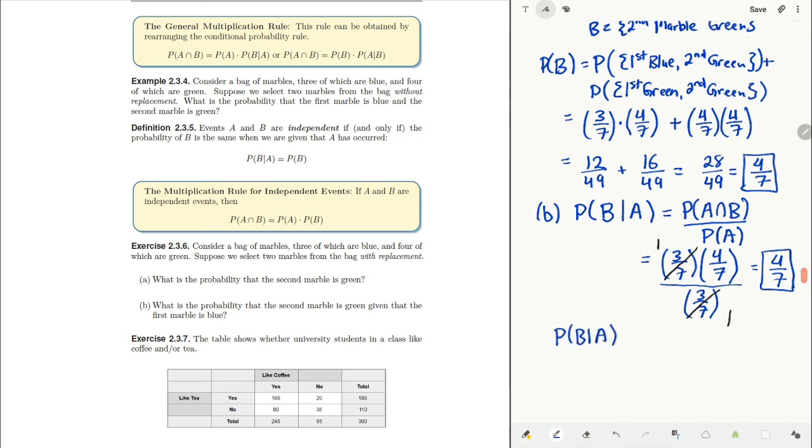So the conditional probability of B given A is the same as the probability of B. And so this tells us that the events A and B are independent events. When we are selecting the marbles with replacement, these events are independent.